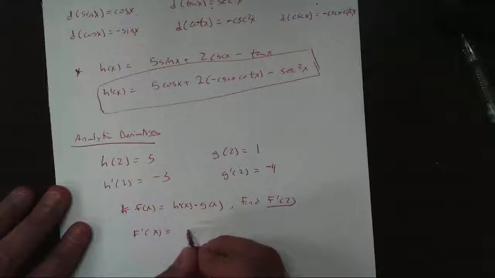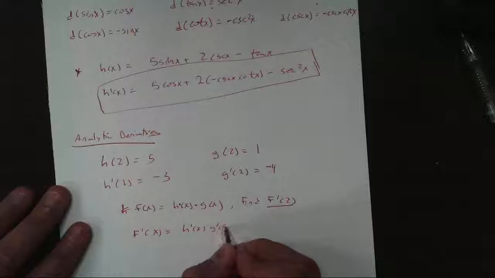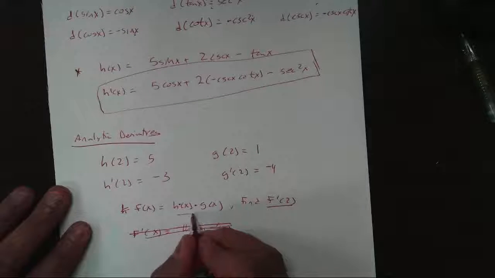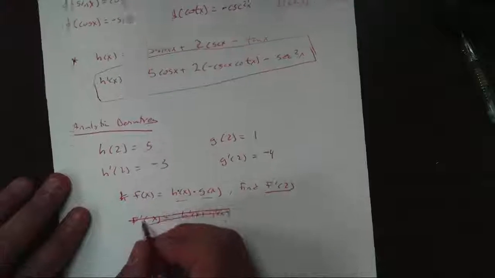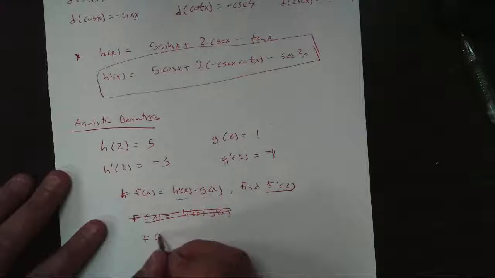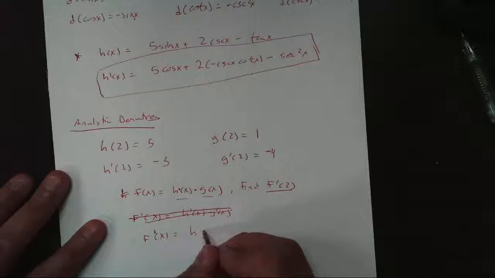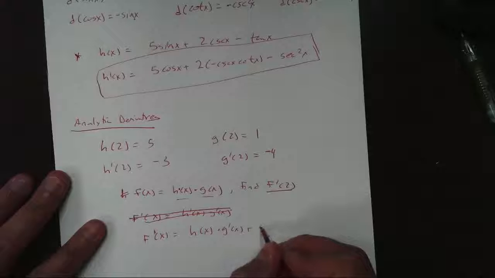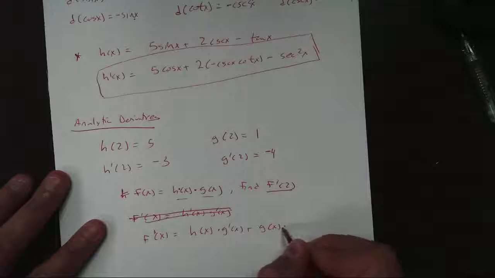You're going to want to do h prime of x, g prime of x. That's the natural instinct. But be careful. I'm multiplying, so which rule do we have to use? Product. So we get f prime of x, the first, h of x times g prime of x, plus the second, g of x times the derivative of the first, h prime of x.